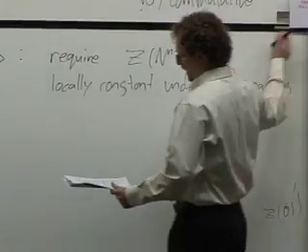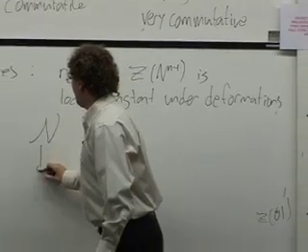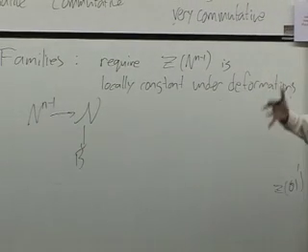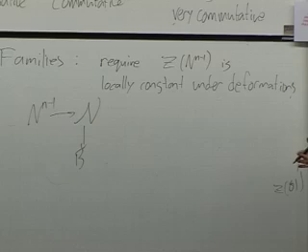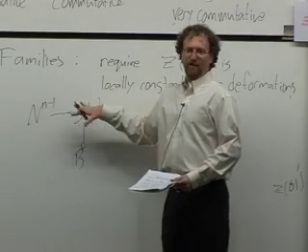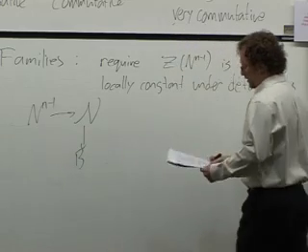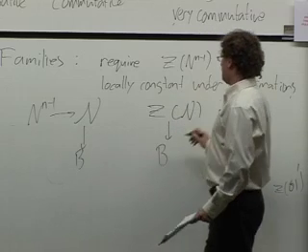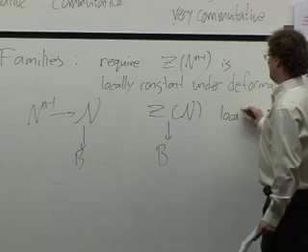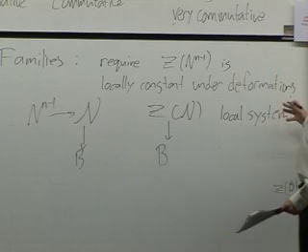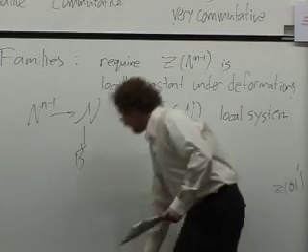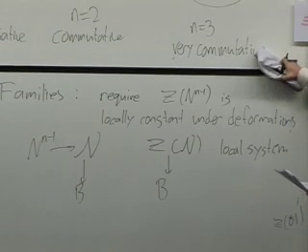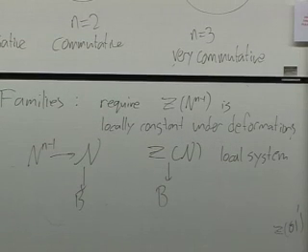This means that if I have a family over some base where the fibers are n-1 manifolds, I can look at Z of each fiber. Z of each fiber is a vector space. These manifolds are locally isomorphic, so these vector spaces are isomorphic, but I want to put that as part of my structure. So now this is a vector bundle over the base, it's just going to be a local system. This is going to have a flat connection. So I want to require this structure of rigidity when I move the manifold around. This is extra structure.